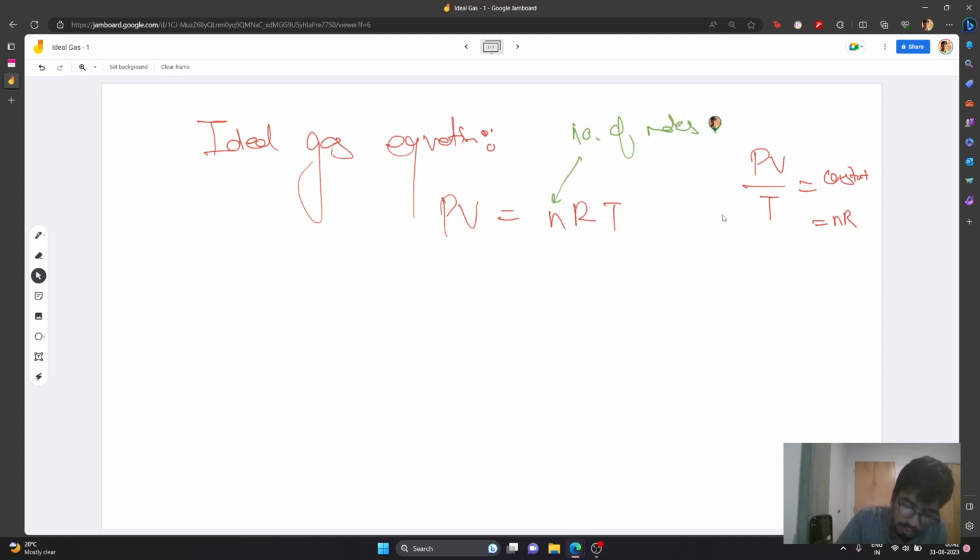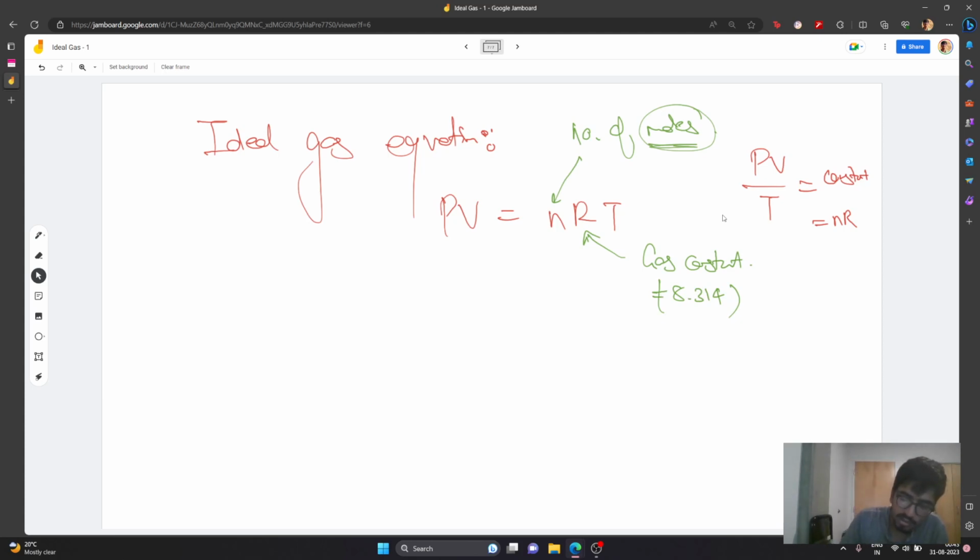So moles is important. It's not mass, it's not number of molecules, it's number of moles. You should remember how to calculate it, and R is what you call the gas constant, at a fixed value of 8.314, right? So that's just a constant. Something like this is very straightforward.